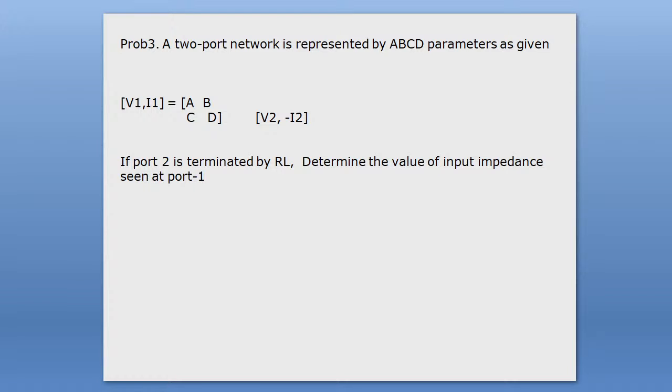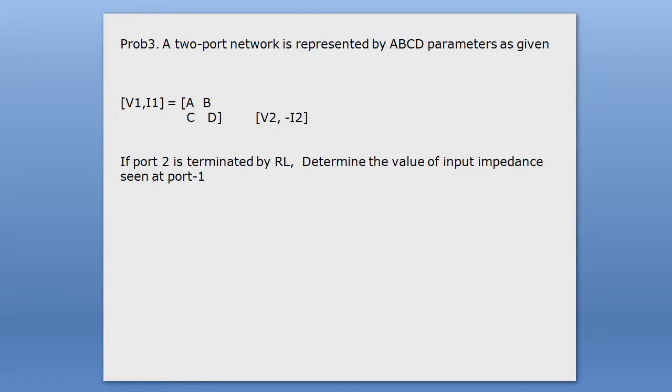The network is represented by its ABCD parameters, and the problem is: what will be the input impedance for a particular port? You know that there are two types of impedance. One is driving point impedance, another is transfer impedance. Driving point impedance: Z11, Z22.